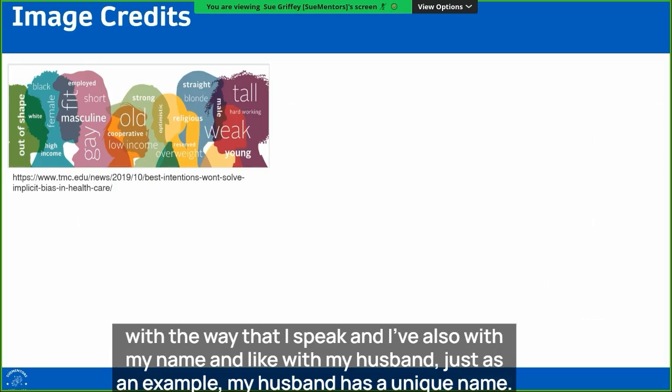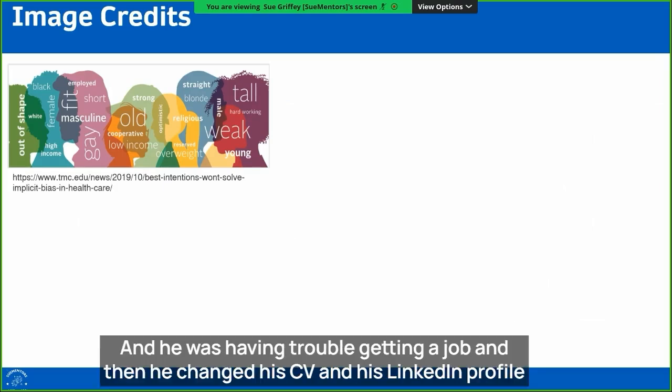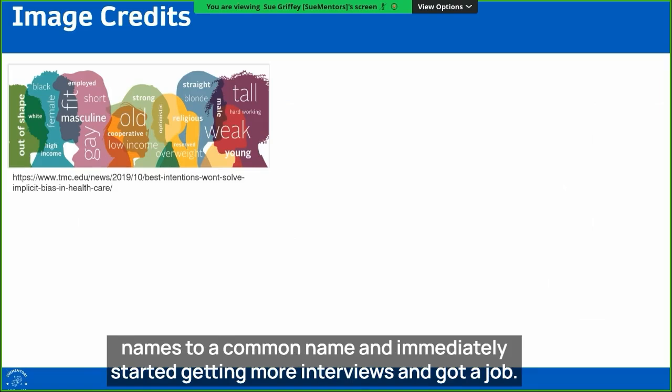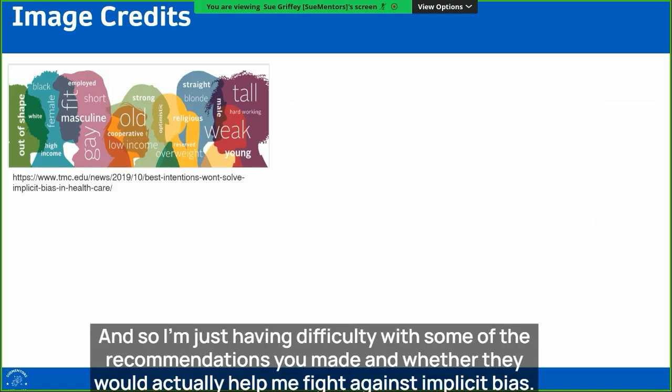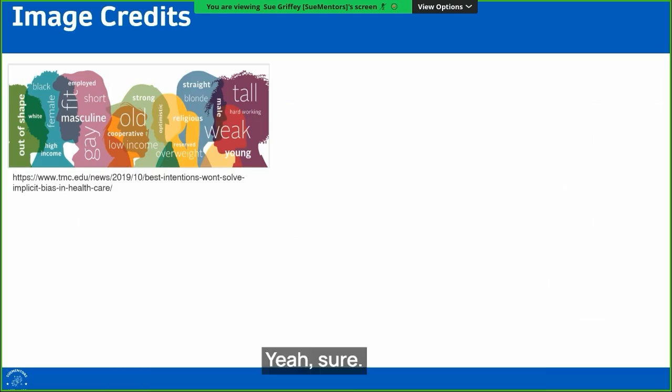With my husband, just as an example, he has a unique name and he was having trouble getting a job. Then he changed his CV and his LinkedIn profile names to a common name and immediately started getting more interviews and got a job. So I'm having difficulty with some of the recommendations you made, whether they would actually help me fight against implicit bias.